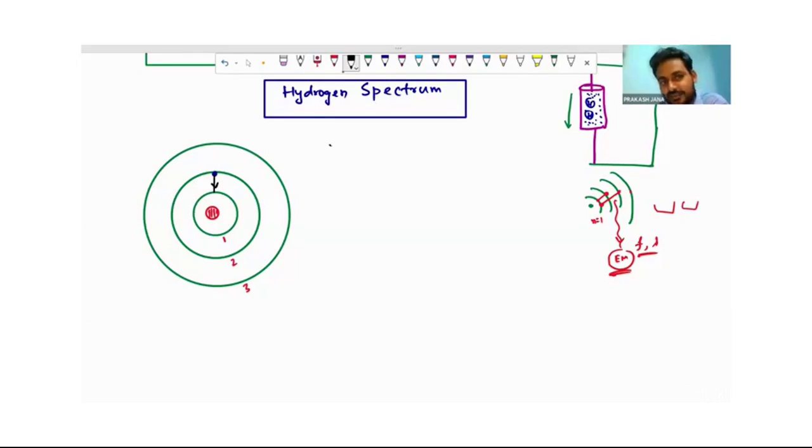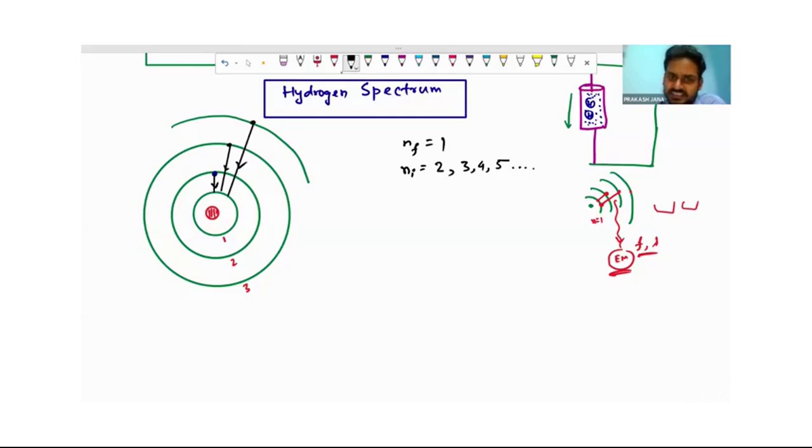So the initial orbit is 2 and the final is 1, or I can write it the other way: the final orbit is 1 and the initial orbit is 2 or 3 or 4 or 5 and so on. That is, the jumping is from n is equal to 2 to 1. It may be 3 to 1. It may be from some other higher orbit like 4 to 1.